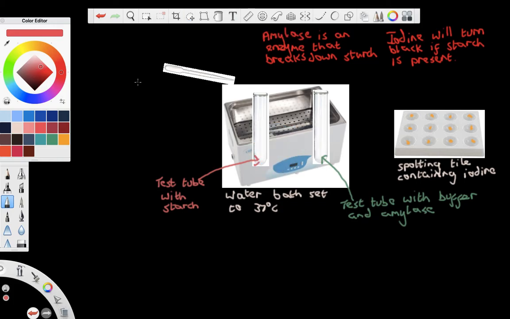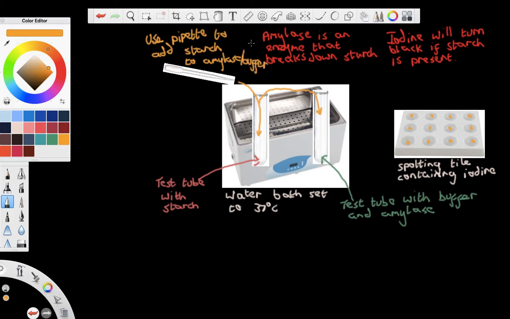So I'm going to use a pipette to remove some of this solution and then add it to this solution. So I'm going to use a pipette to add starch to amylase slash buffer.